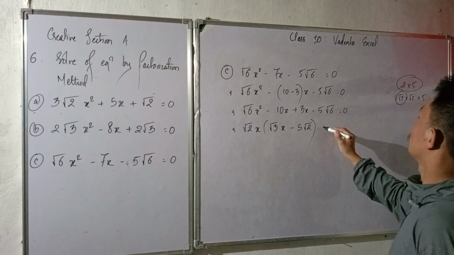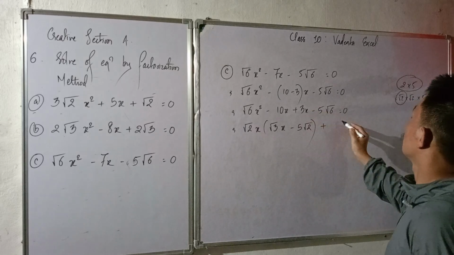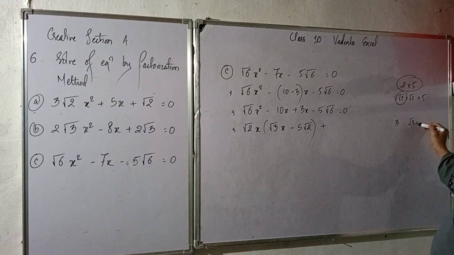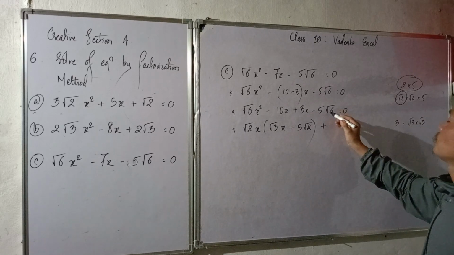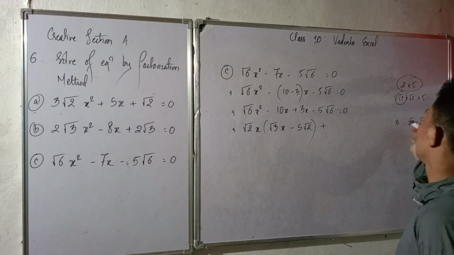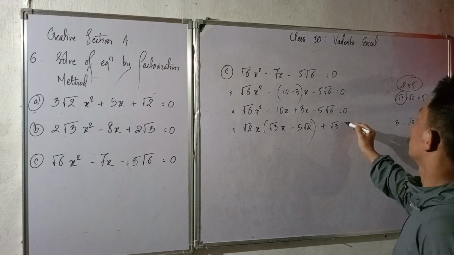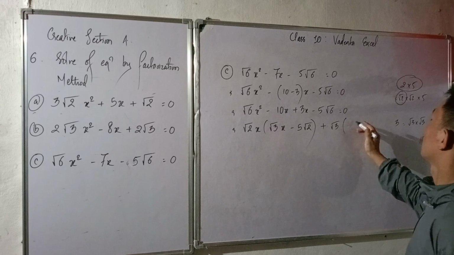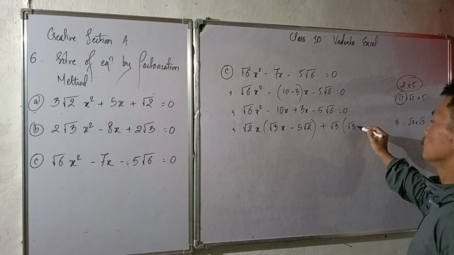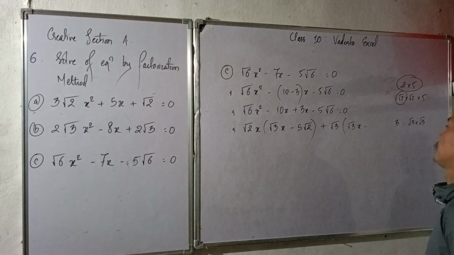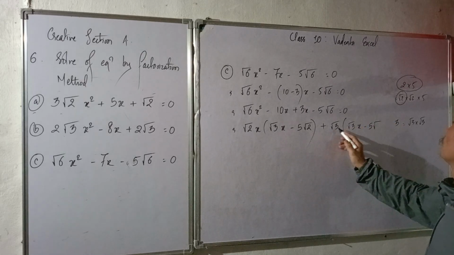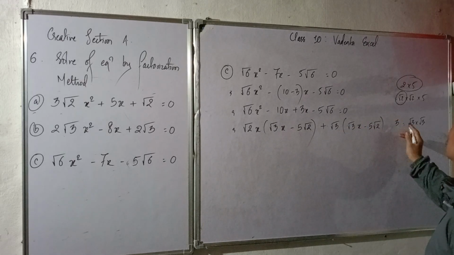Similarly, in this both we got here root 6, and 3 can be written as root 3 into root 3. From root 6 you can take root 3 common. Now the remaining becomes x minus 5.